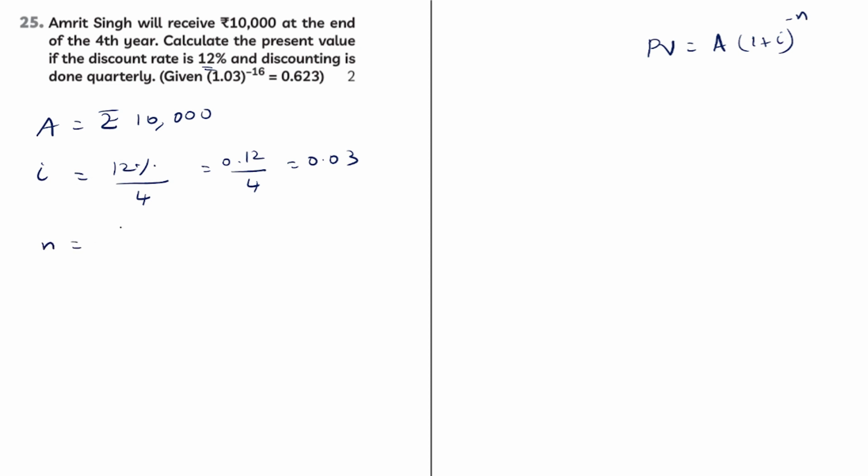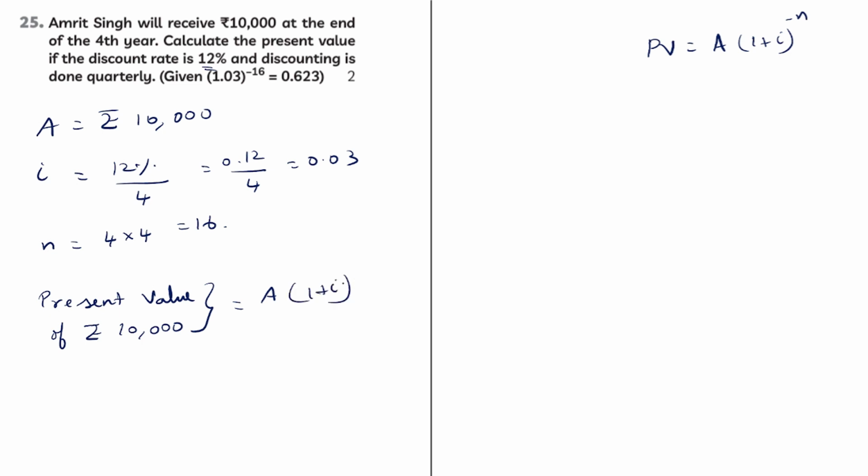Then n, the number of periods, is 4 into 4, which is 16. So present value is a into 1 plus I the whole raised to minus n. So here a is 10,000 into 1 plus I, 0.03, the whole raised to minus 16. So this is 10,000 into 1.03 whole raised to minus 16.